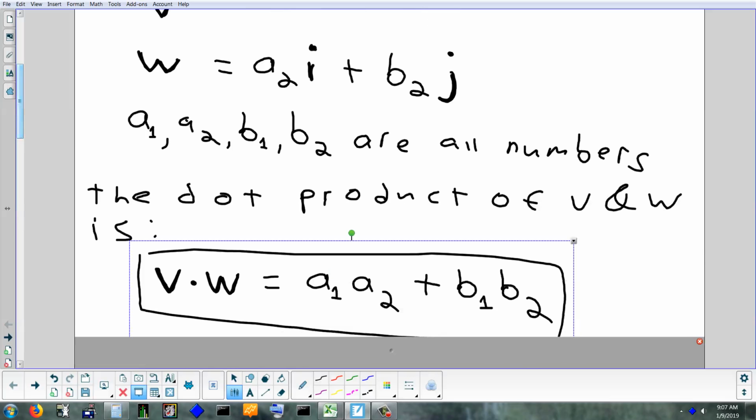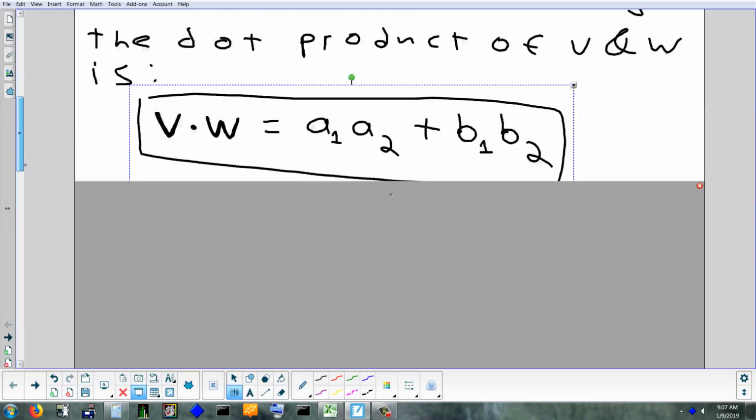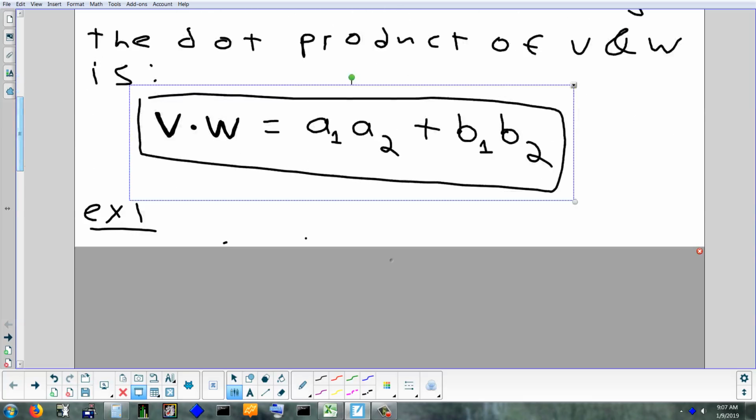So when you do the dot product, the answer is a number, like 7 or 12. That number means something. We're going to look at what it means later. All right. So if you multiply 2 vectors and you use a dot product, the answer is a number. If you multiply 2 vectors and do a cross product, we'll see what that is tomorrow. Okay, but they're 2 totally different things.